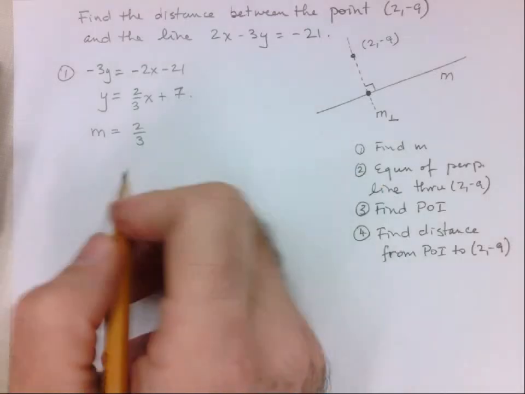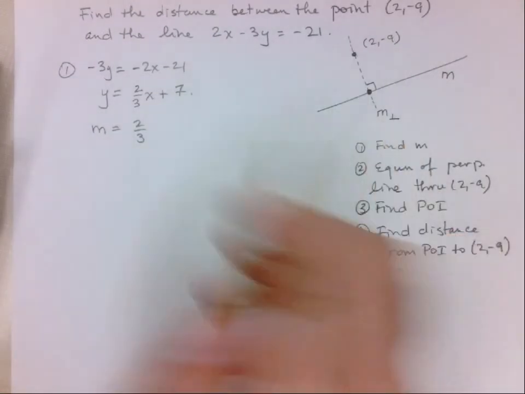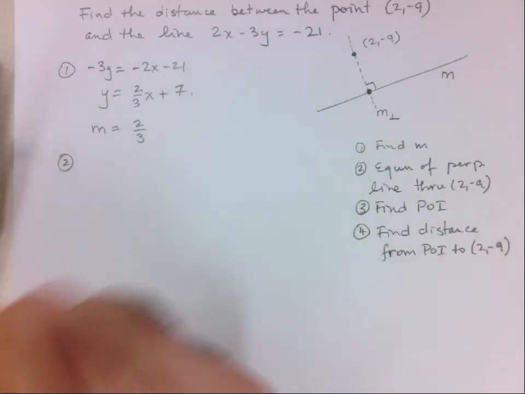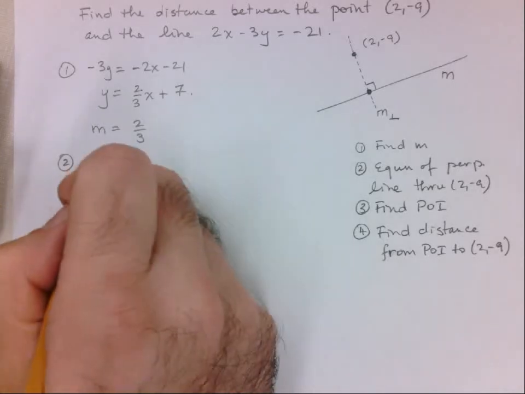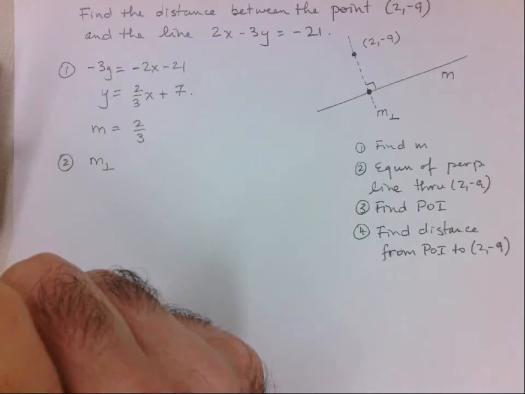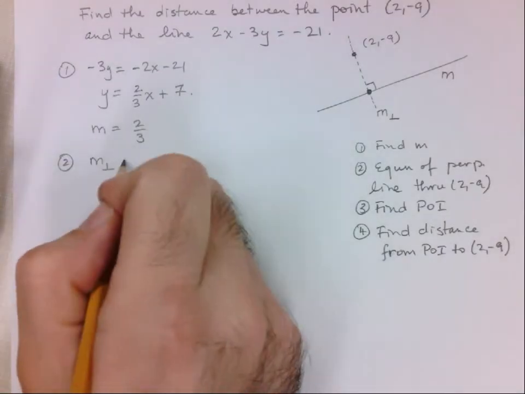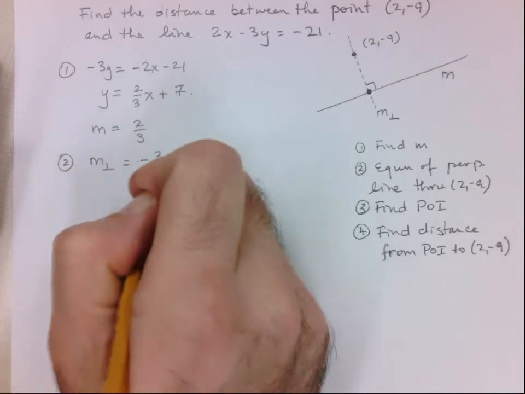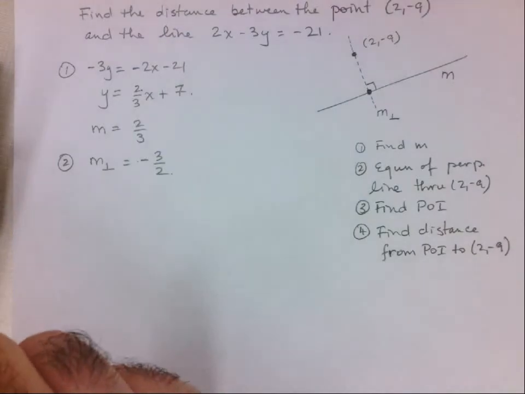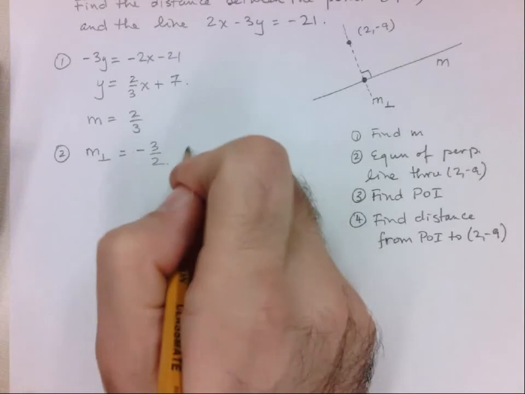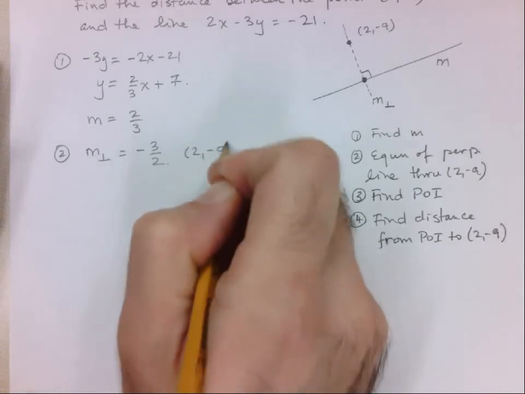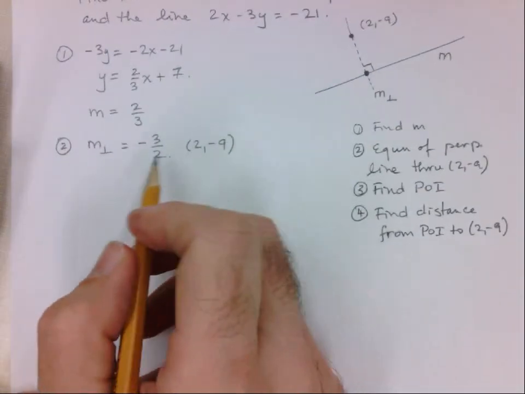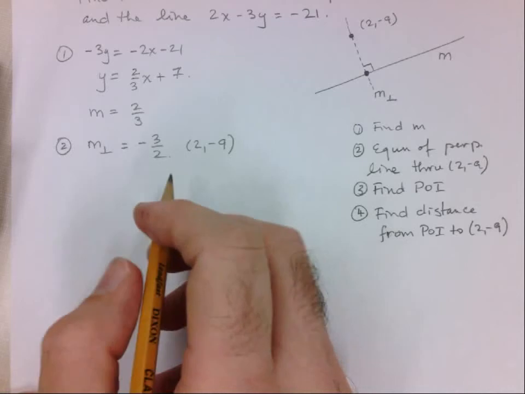Now what I need to do is find the equation of this perpendicular line, so that'll be step 2. The first thing I can do is find its slope. Since these two lines are perpendicular, the slope of the perpendicular line will be the negative reciprocal of that original slope. And we know a point on that line, which is (2, negative 9). If we have a slope and a point, I'll use slope-intercept form to find the equation.